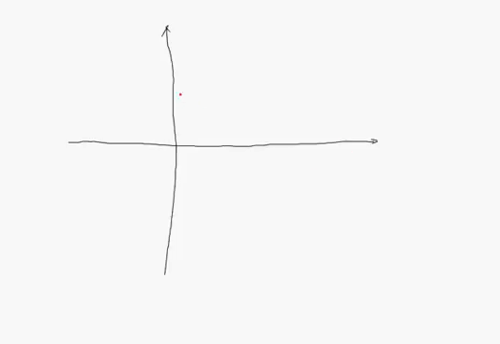So we know the graph looks like this. Okay, so this is the graph of y equals cosine of 2x, and this is from 0 to pi. This is the fundamental cycle of cosine of 2x.